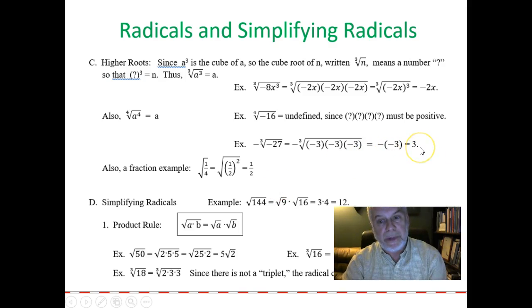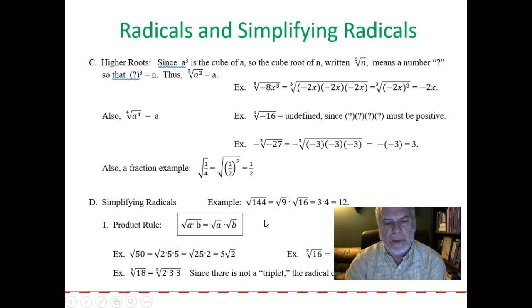And that ends up to be positive 3. All right. Now looking at this again, square root of 1/4. You could think of the 1/4 as 1/2 squared, because 1/2 times 1/2 would be 1/4. And the square root and the squaring cancel each other out, and you just get 1/2. So the square root of 1/4 is 1/2.